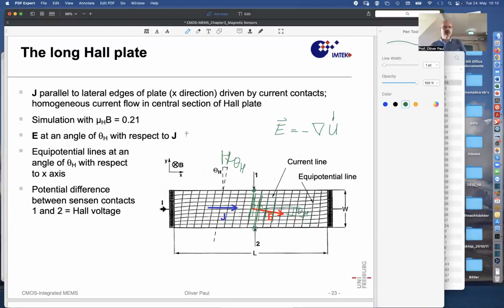So this simulation was done a very long time ago. I think it was done by Rocky and Nathan, in the 90s or so, just to illustrate a book chapter, and it was done at 0.21, which is quite strong. I mean, mu H times B equal to 0.21 means 1.5 Tesla or so.